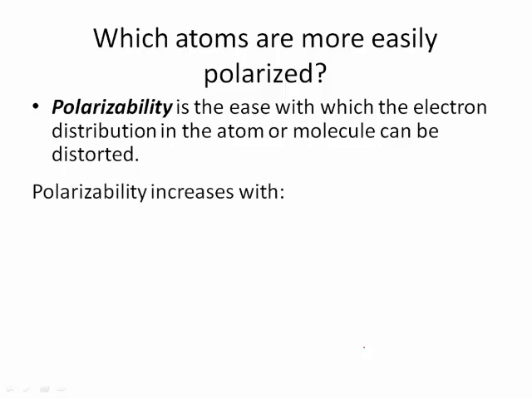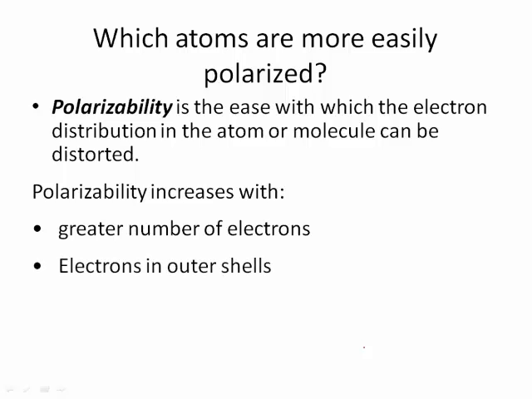So this increases with greater number of electrons. So the more electrons, the more moving negative charges that you have, the more likely it is for them to be off balanced, and where they will mostly be on one side versus the other from time to time.